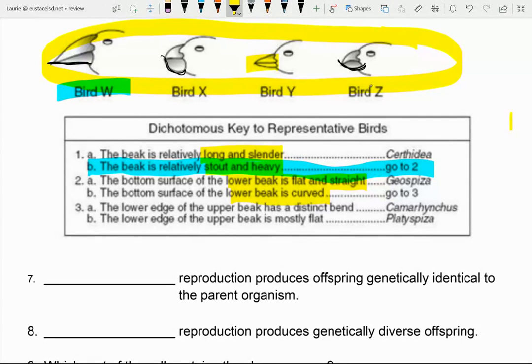So that tells me this is my answer. So remember, with the dichotomous key, you always just want to make sure you're comparing it to everything else in the example and that you're following the steps.